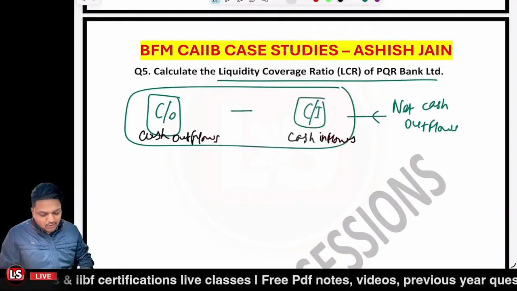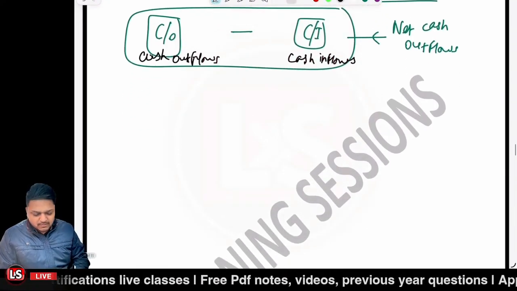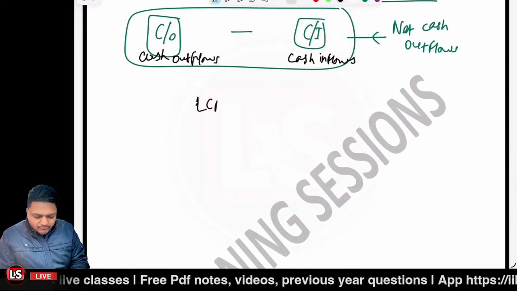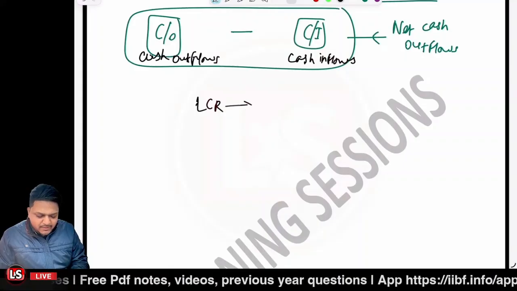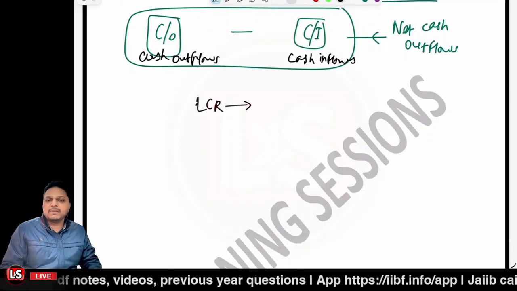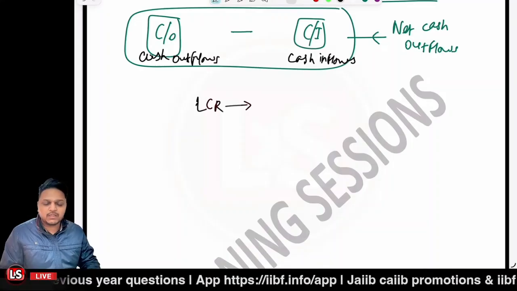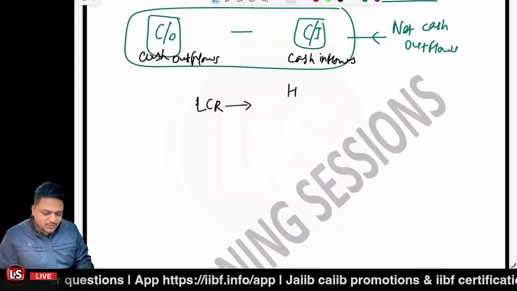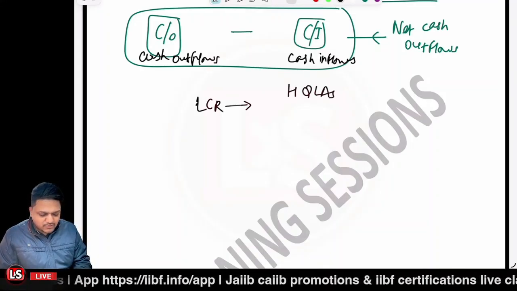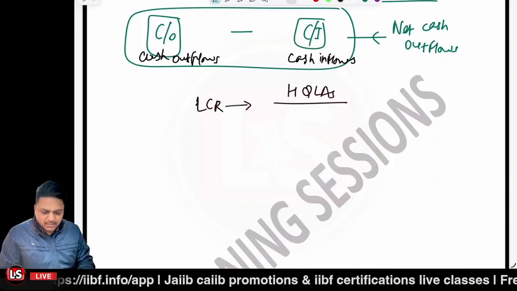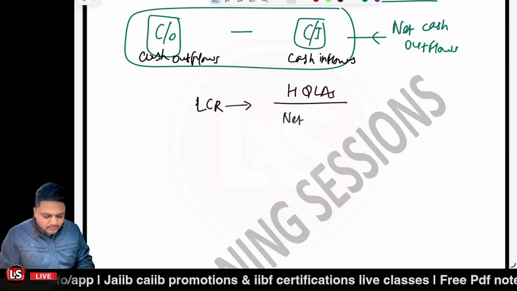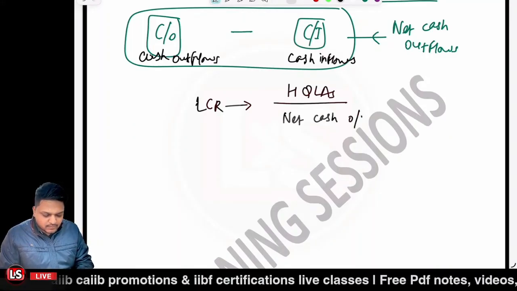And this is the denominator. What is the formula of LCR? If you memorize the LCR formula, which is to be maintained at a minimum of 100% as per the Basel updates and the regulator, it is the stock of HQLAs divided by the net cash outflows.